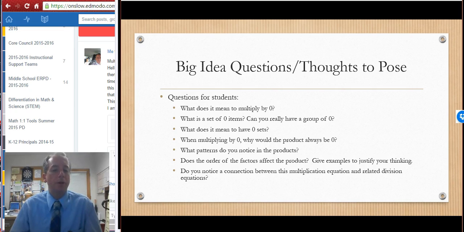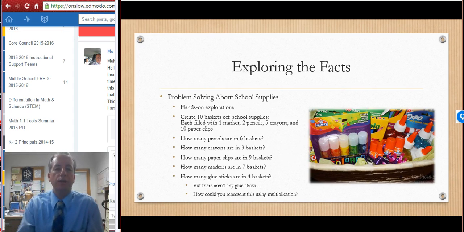What patterns are we going to notice? We're always going to come back to that patterning question. Does the order of the factors affect the product? And do we notice a connection between multiplication equations and division equations? Of course, you already know that there's a problem with dividing in zeros, so we'll hit that at the end today too.